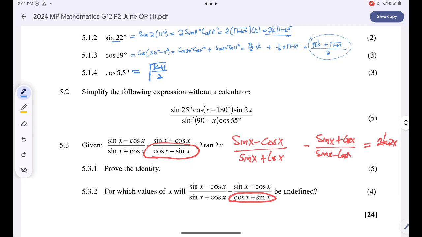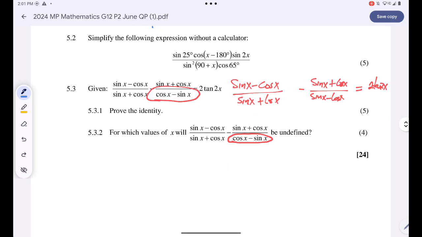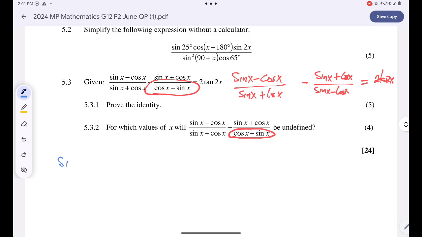Okay, now we are supposed to simplify the following without a calculator. The first step, guys, in simplifying, okay? I just need to reduce my angles. Make sure that my angles are between 0 and 90.